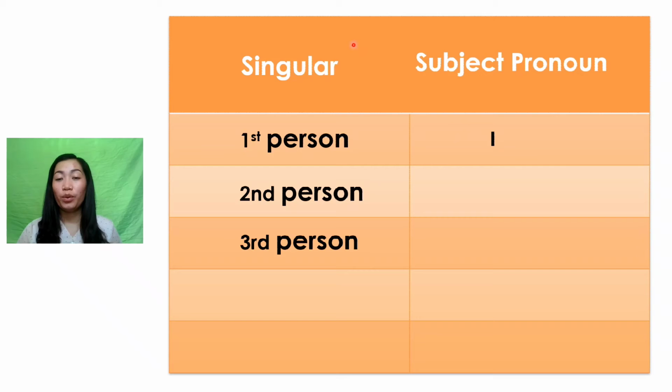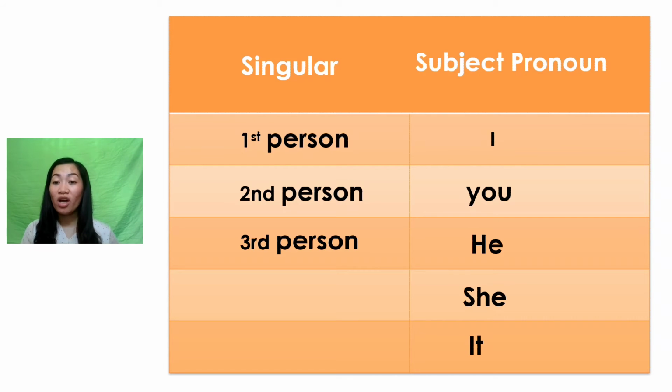For the first person, we can use the pronoun I. For the second person, you can use the subject pronoun you. And for the third person, we can use the word he when we are referring to a boy, she when we are referring to a girl, and it when we are referring to an animal or a thing.